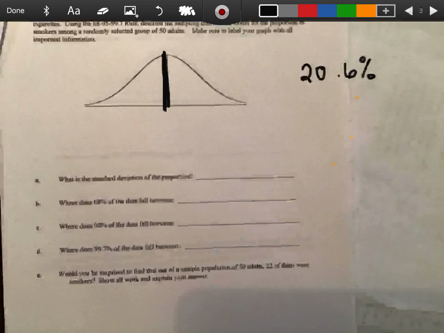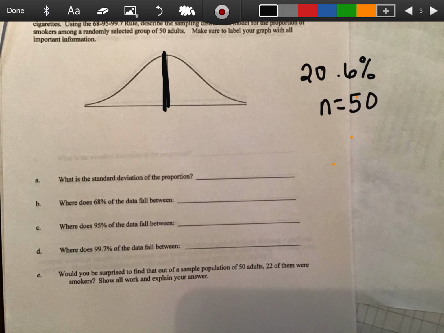And then it says, using the 68, 95, 99.7 rule, describe the sampling distribution model for the proportion of smokers among a randomly selected group of 50 adults. So my sample size is 50 adults. So anytime you find a group of 50 people, you are expecting that 20.6% of them, on average, over the entire population smoke. But that's going to change for every sample set.